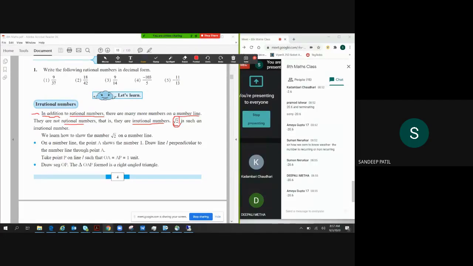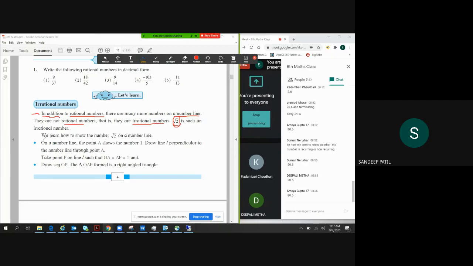We will study in detail, we will deep dive into root 2 and what is meant by that. So root 2 is an irrational number. The number represented in this root format is called an irrational number.